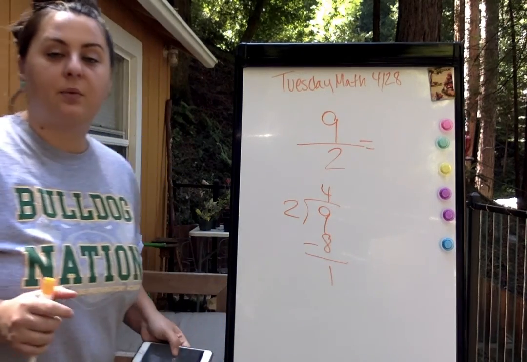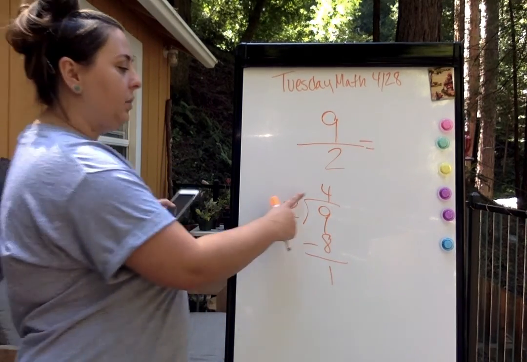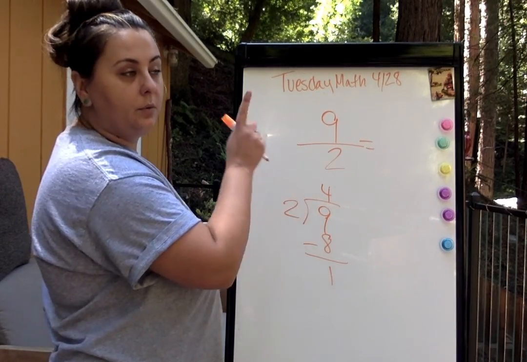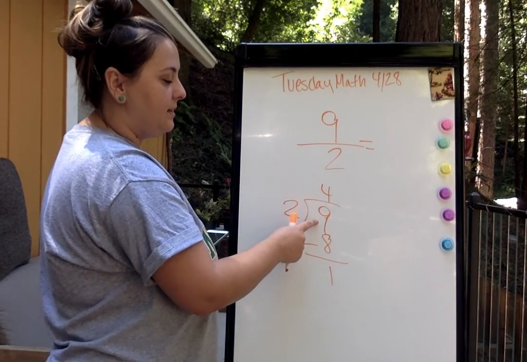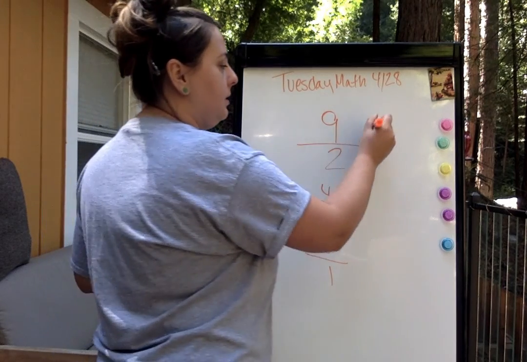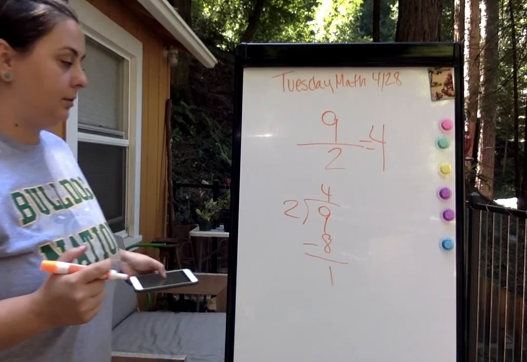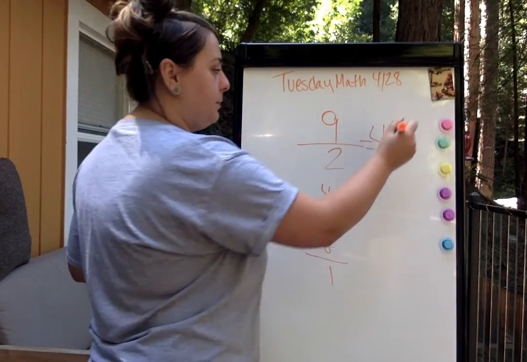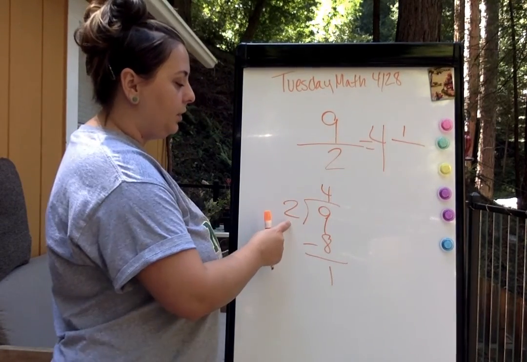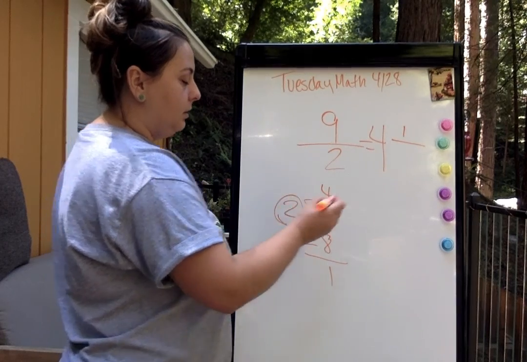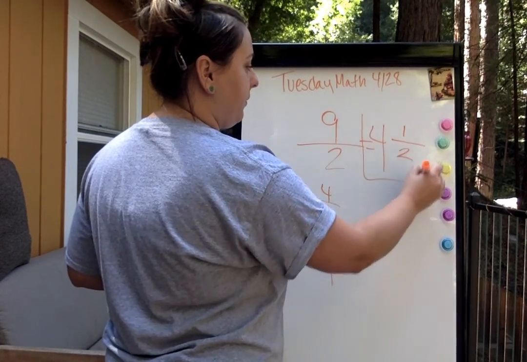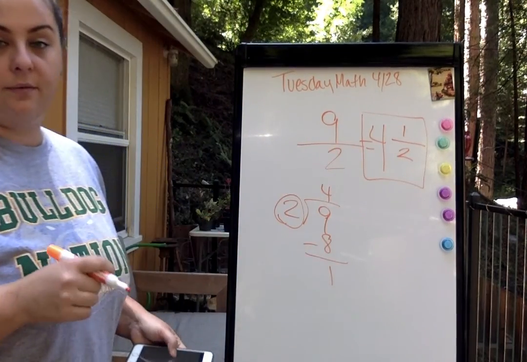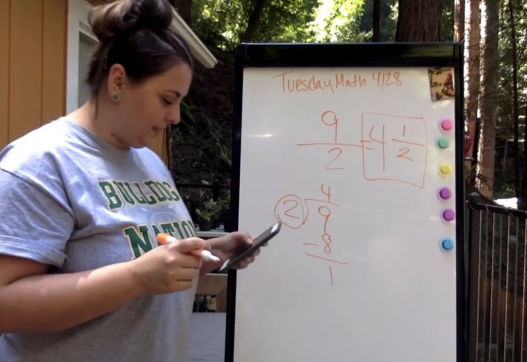We subtract and we have a remainder of 1. Your quotient, sorry, this is the dividend. Your quotient becomes your large big number. Your remainder becomes your new numerator. Your denominator is your divisor. So 4 and 1/2. Easy peasy lemon squeezy.